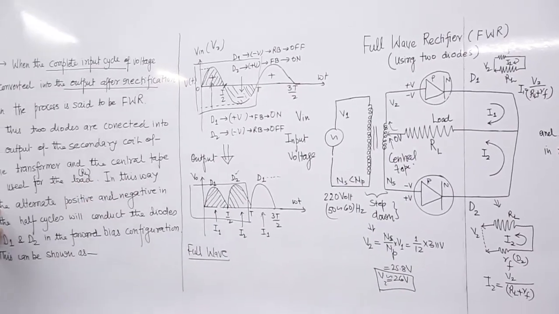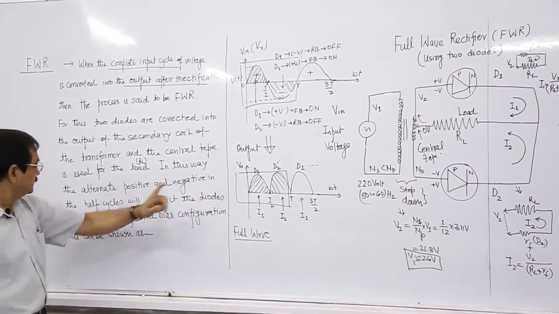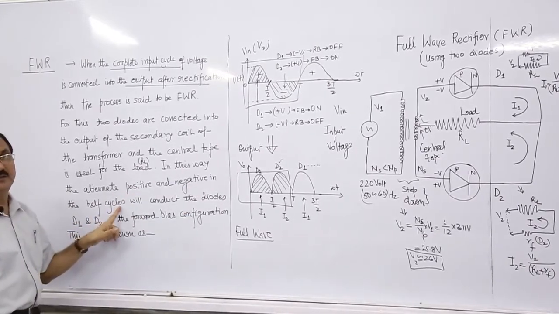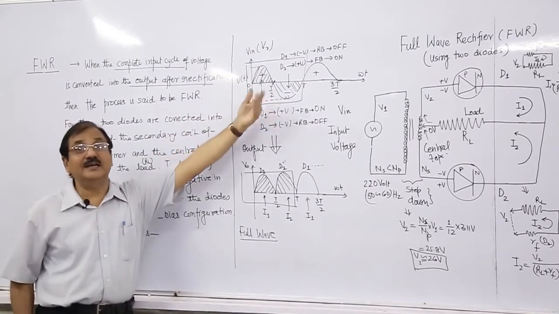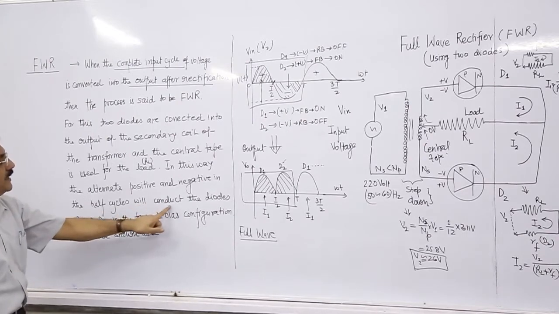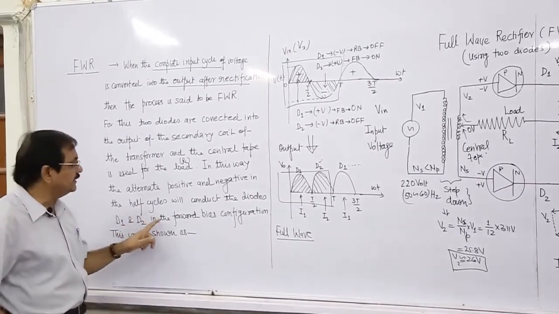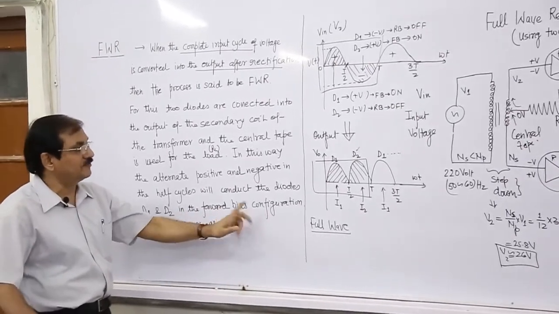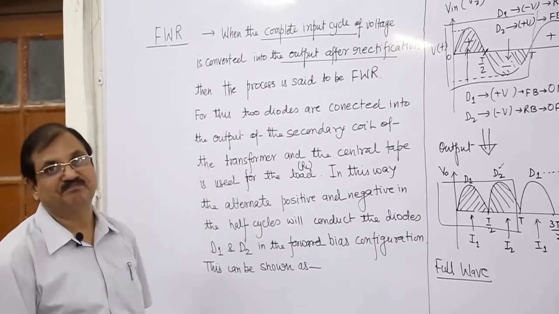In this way, in the alternate positive and negative half cycles, the diodes D1 and D2 will conduct in the forward bias configuration. This can be shown in this diagram.